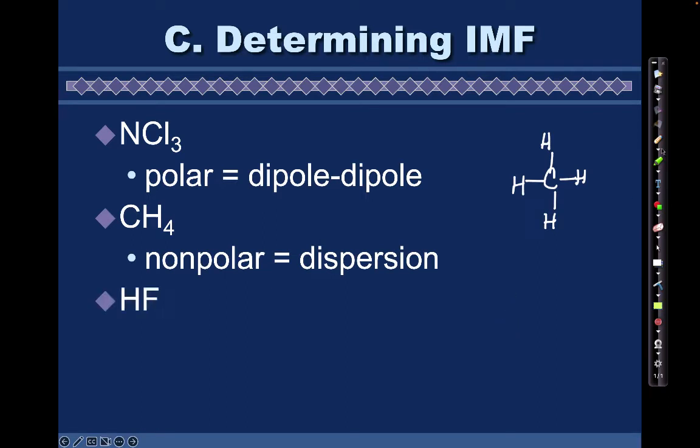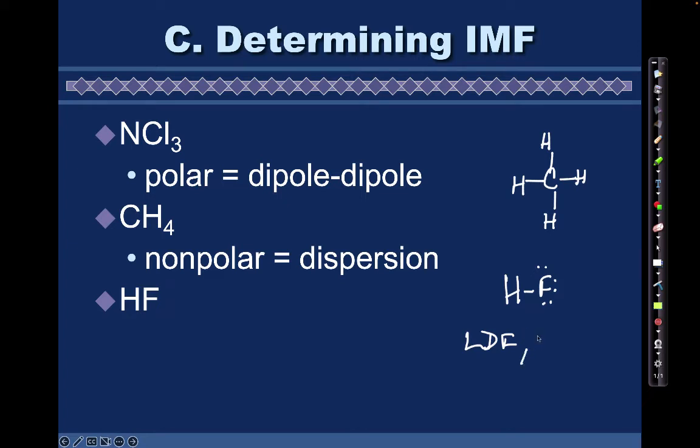All right, so HF. For this one, it's 2 atoms, so they are different. So it is going to be a polar molecule with a polar bond. First of all, everything is capable of LDF. There are electrons, they can move, they can create temporary dipoles.